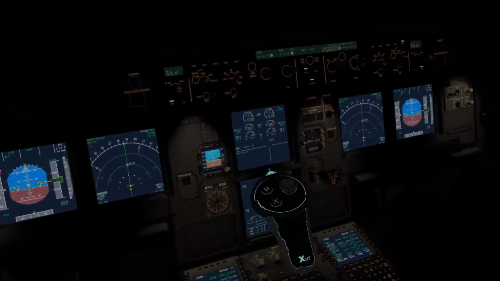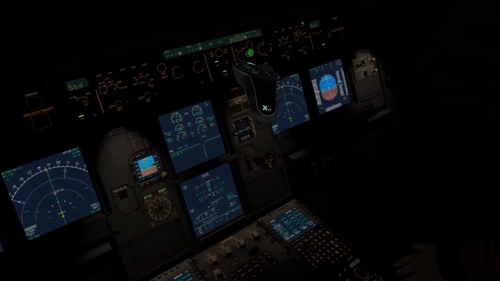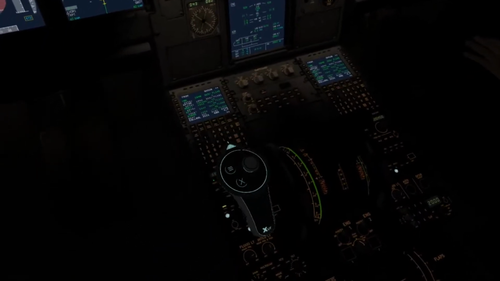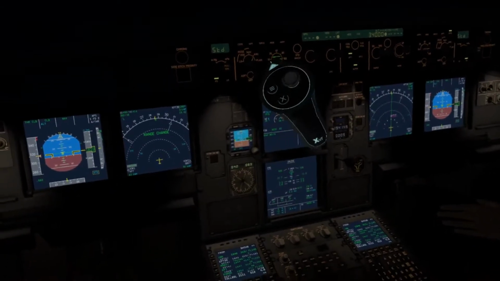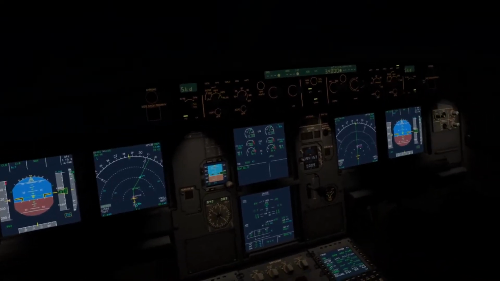So we're gonna set our altitude to 34,000 feet. Here we go. And set to 18 nautical miles now.